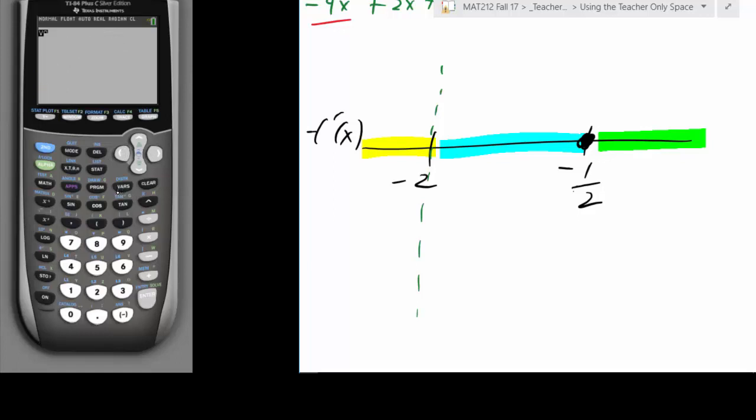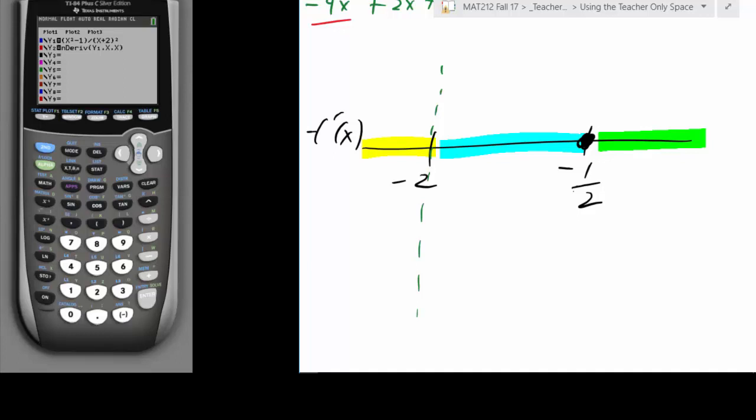We're going to press vars, go over to Y-VARS, and hit enter for function y1. Then put a comma, and it's asking what variable is in the function written above. We use the variable x, then a comma, and now it's asking what value do you want? Since I want three different values, something in my yellow region, something in my blue, something in my green, I'm just going to type in x so I can type in lots of different values.